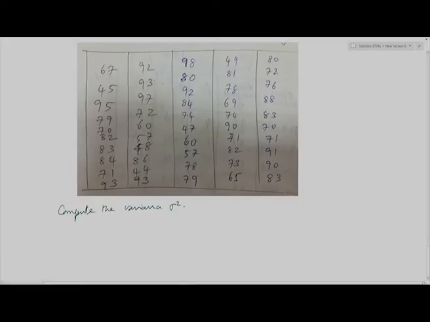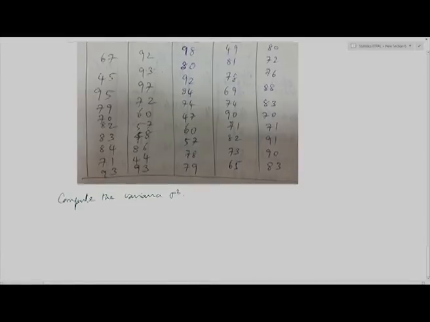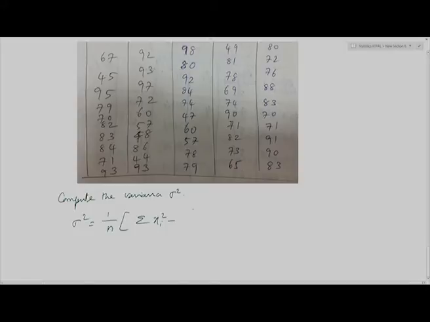One way, straight away, I can apply the formula. The formula says you sum up all that. So, the formula is sigma square equal to 1 by n, where the total number of entries n is 50, sigma xi square minus sigma xi whole square divided by n.